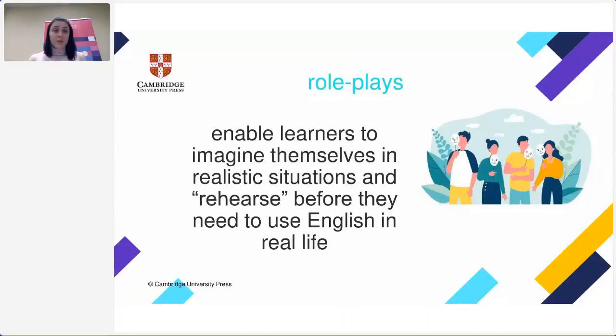It's clear, yeah, that we have some groups of kids, of our teens, excuse me, they're not kids anymore, they're teens. Role plays enable learners to imagine themselves in realistic situations and rehearse before they need to use English in real life.